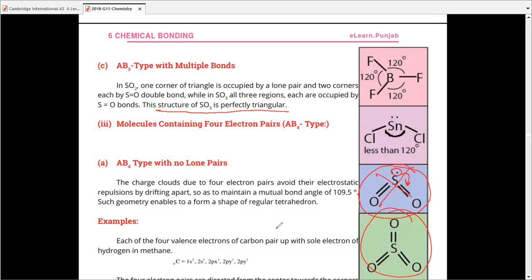Come on. Well, there are three bond pairs, and all of them will exert the same repulsion on each other. Perfect. That would have been an answer I wanted.